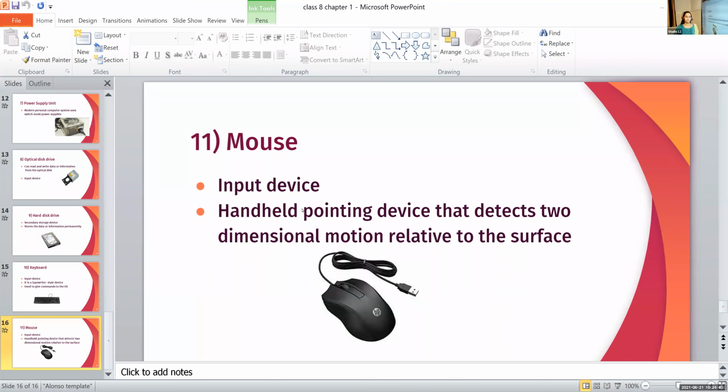Okay, note this point. It's time. After that, I have to take the attendance also. So it is a pointing device. It is a handheld pointing device that detects two-dimensional motion related to the surface. Other than these 2 points, you can write a lot about the mouse.